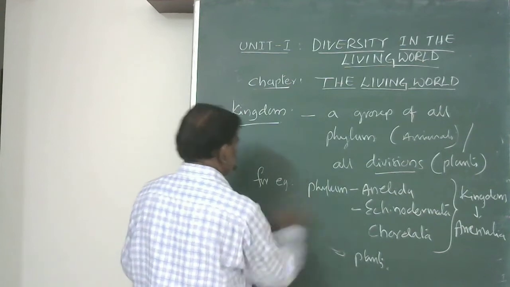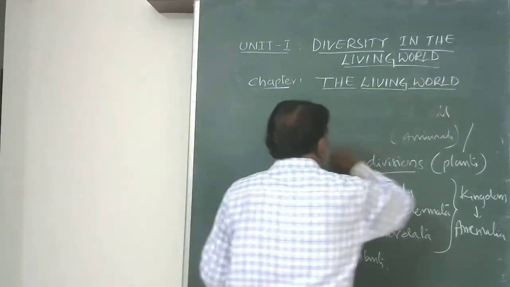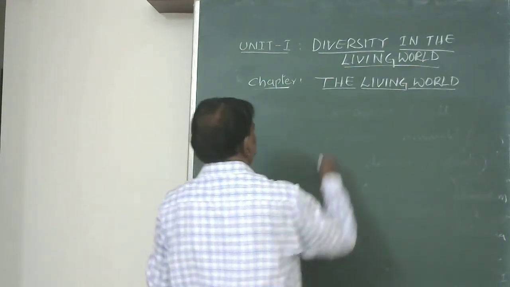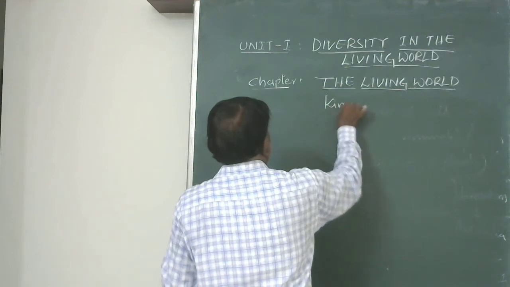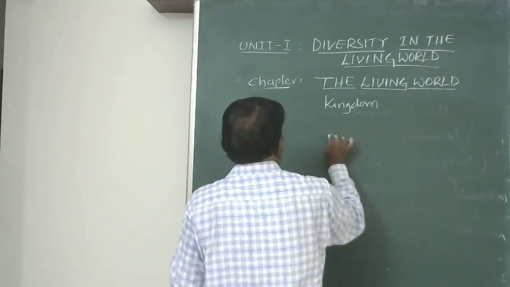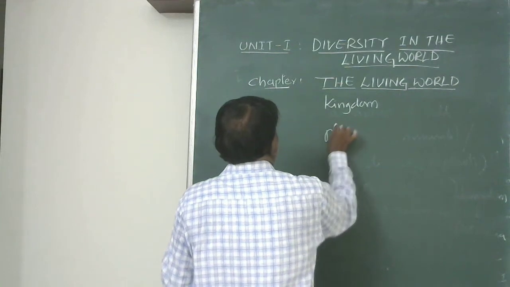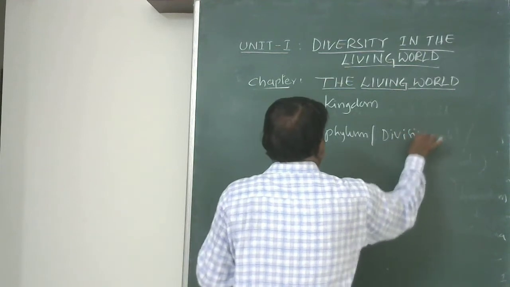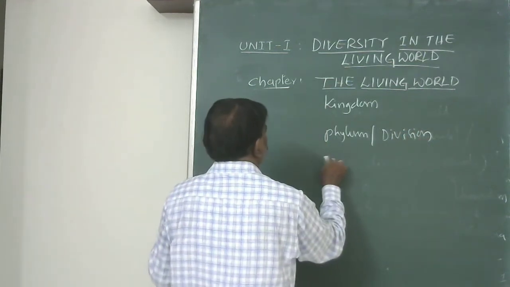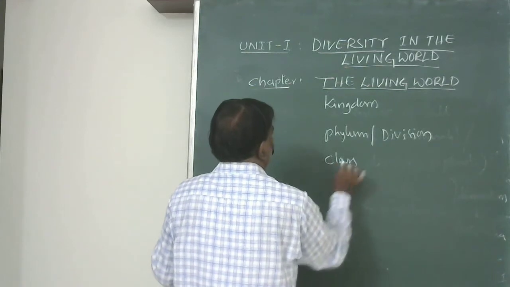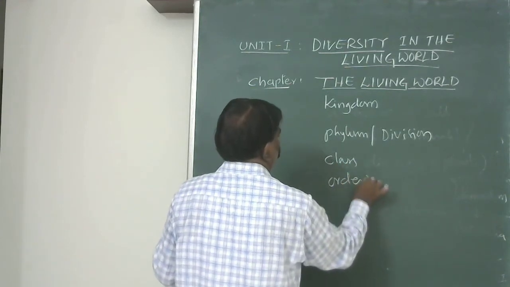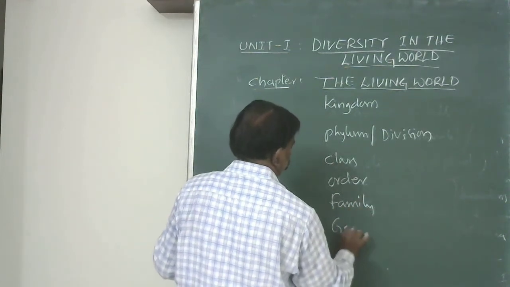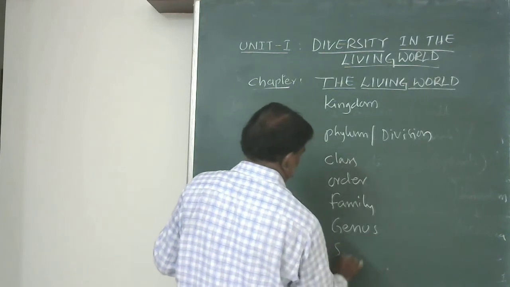Now, let us see once again the taxonomic hierarchy: kingdom, phylum or division, class, order, family, genus, species.